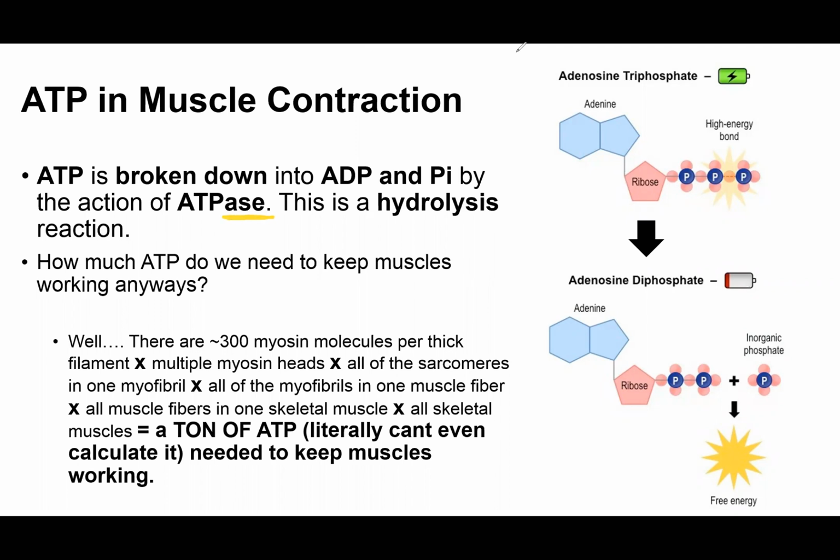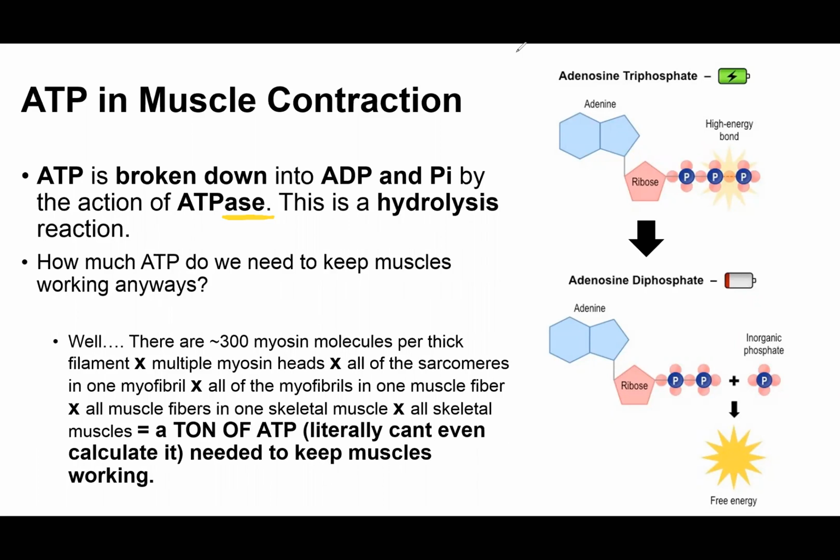So we had acetylcholinesterase, right? Acetylcholinesterase ends in ASE, and that was the enzyme that breaks acetylcholine down and removes it from the synaptic cleft. So anytime you see ASE, it's usually meaning an enzyme that's going to break something down.